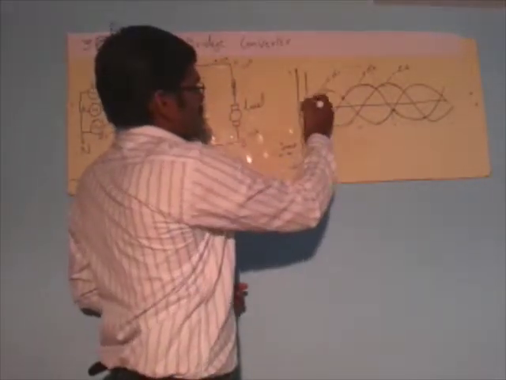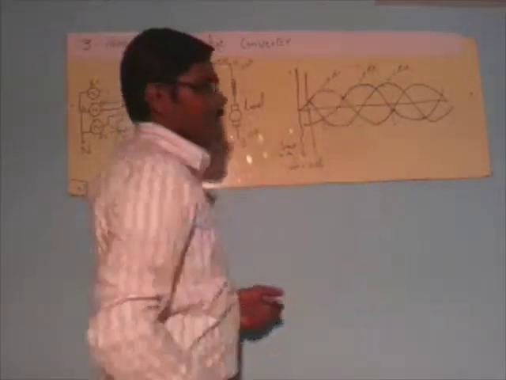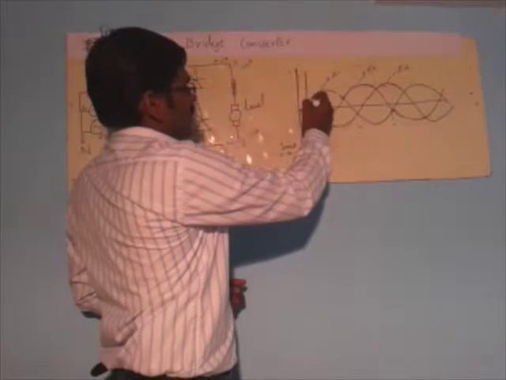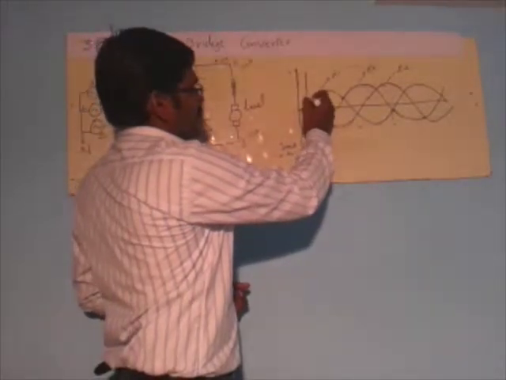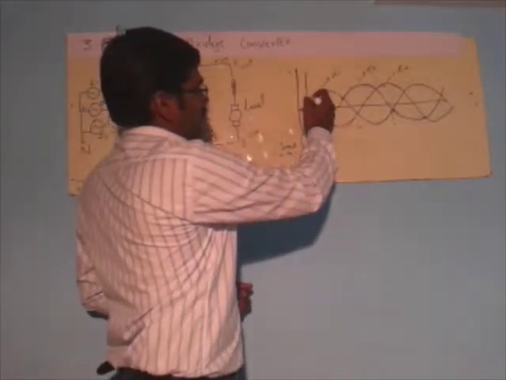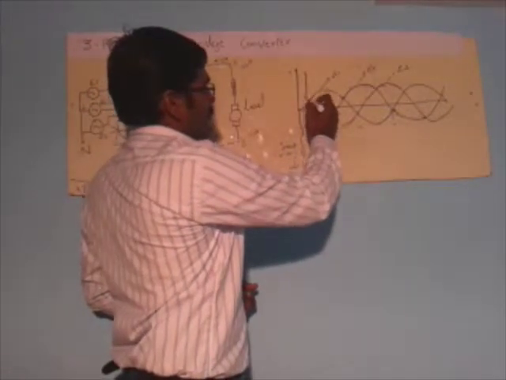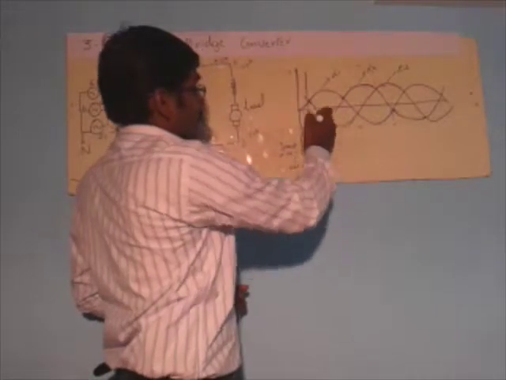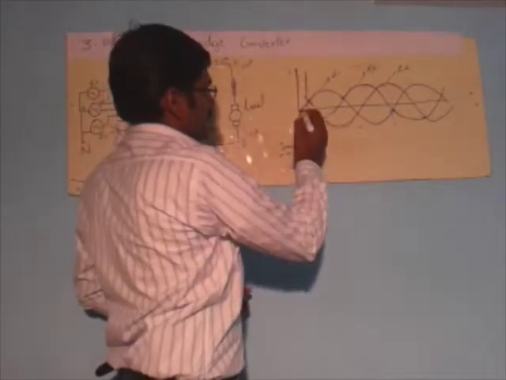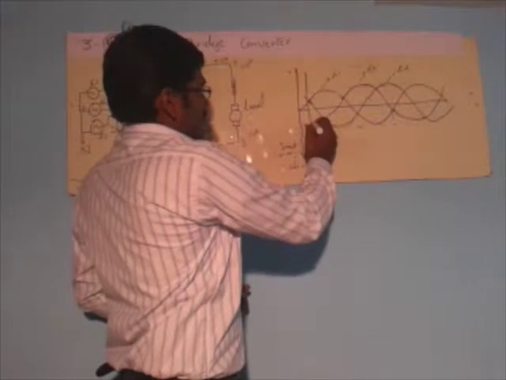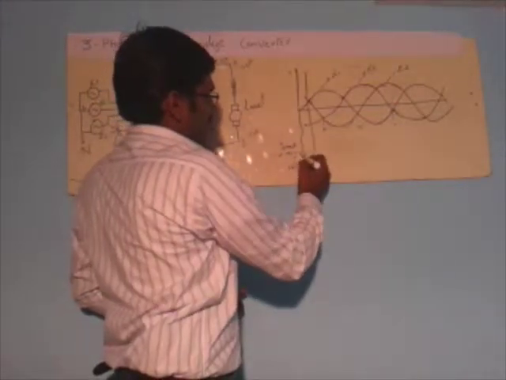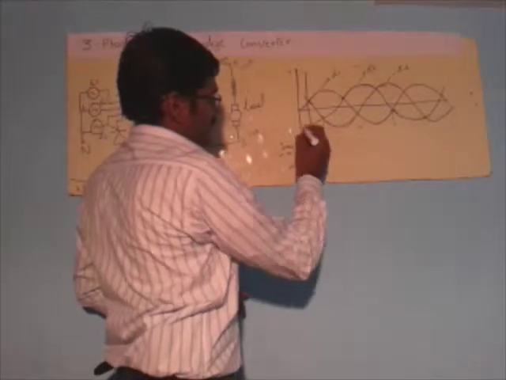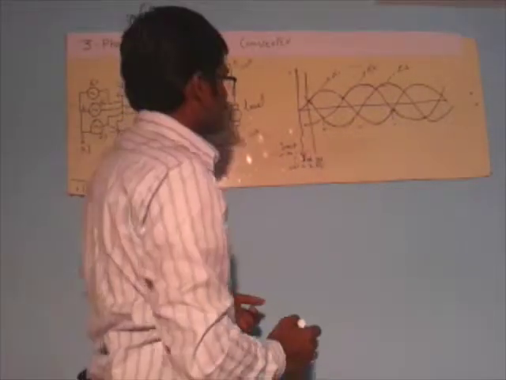First we consider the positive side of the input, and here is the intersecting point, and this intersecting point we consider as the first firing angle. And here I am drawing a vertical line, a line parallel to the y axis. This is the first firing point. We can say this is alpha.